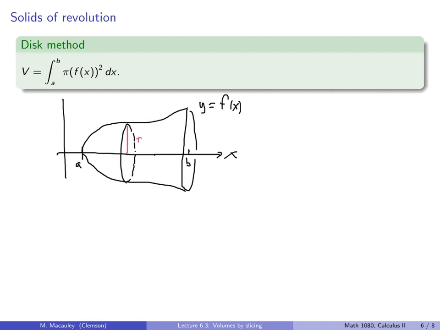Now what is r? Suppose this is x down here, r is just f of x, because f of x is our function.